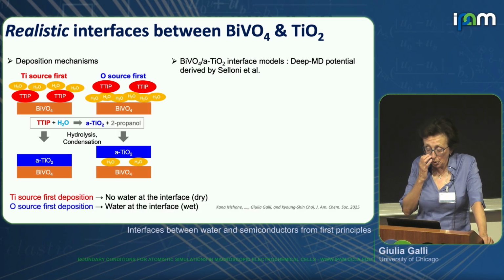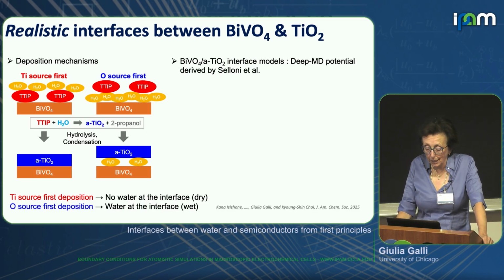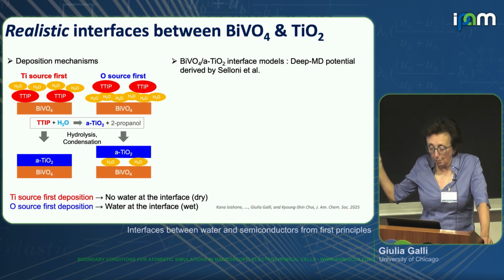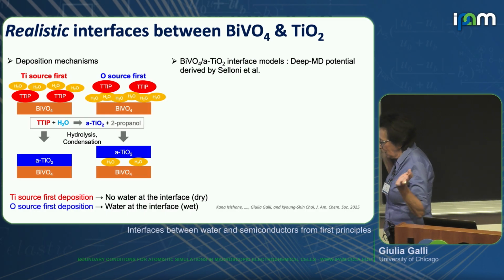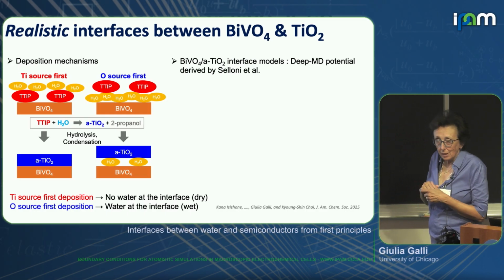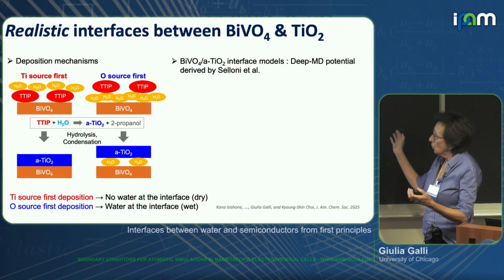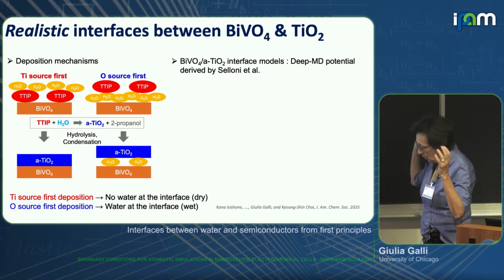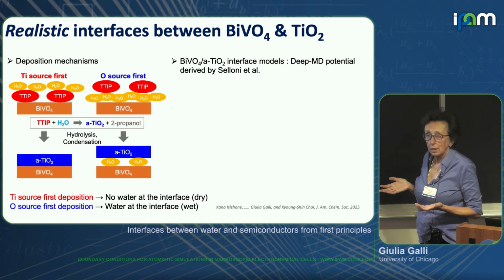And here we use the deep MD potential that was derived by the group of Celloni for amorphous titanium oxide. And the potentials are great in the sense that we could reproduce a lot of amorphous titanium dioxide properties. It's all beautiful, except that when you put your titanium dioxide that you have generated with the potential, I don't remember how many atoms, 2,000 or 3,000, on bismuth vanadate, you cannot do electronic structure calculation because it's too big.